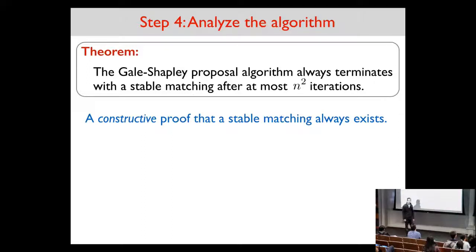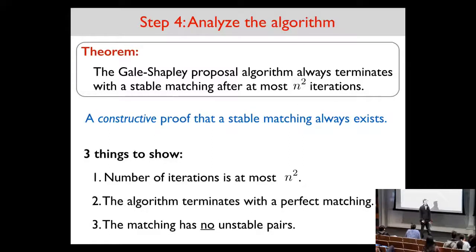First of all, it tells us that every instance has a stable matching. And it gives us a constructive proof that there is a stable matching. It actually gives us one stable matching. And as I said, this is a highly non-trivial fact by itself, whether there is a stable matching always or not.